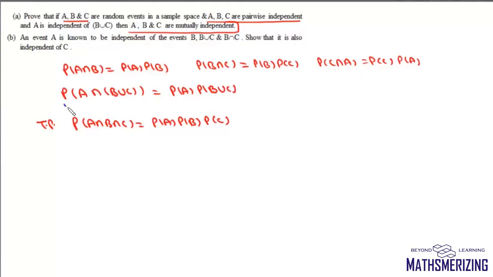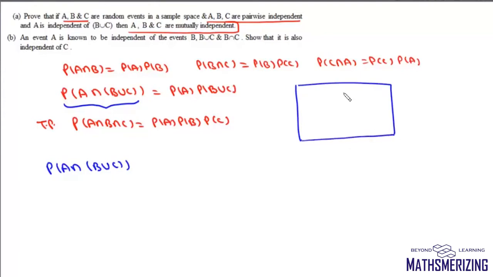Now first we look at this P(A intersection (B union C)). If we look at the Venn diagram, suppose this is A, this is B and this is C. Now it says A intersection (B union C). That means that portion of A which is common with either B or C. That means we are talking about this region.